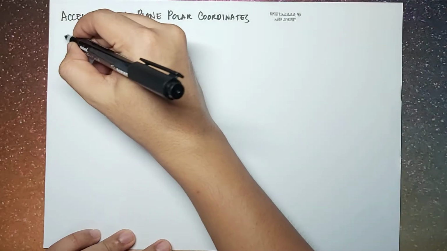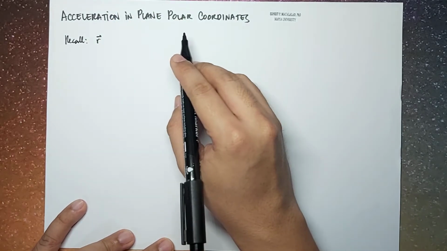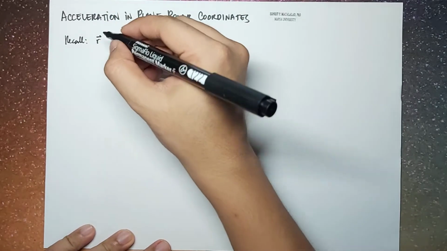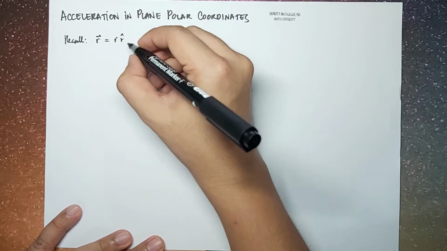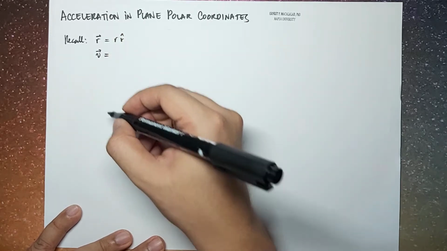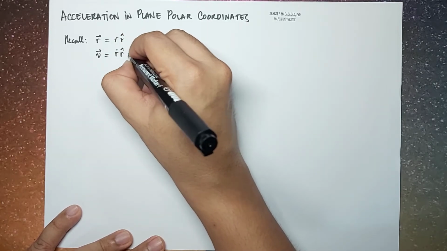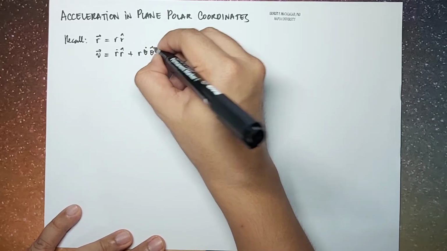Now let's recall, the position of a particle in plane polar coordinates is equal to r r hat. The velocity, on the other hand, is equal to r dot r hat plus r theta dot theta hat.